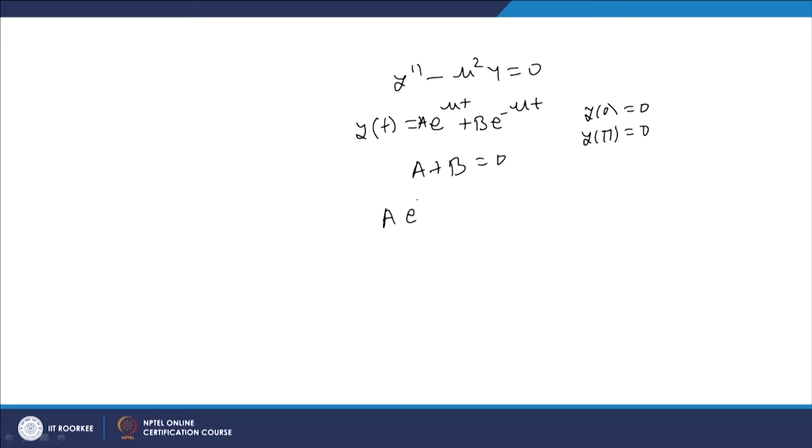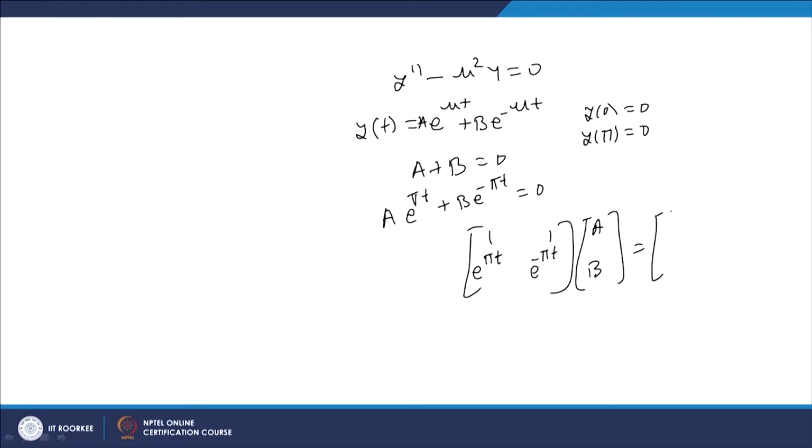When you simplify this, we have a system in a and b equal to 0, and you can simply say that the determinant of this coefficient matrix is non-zero.